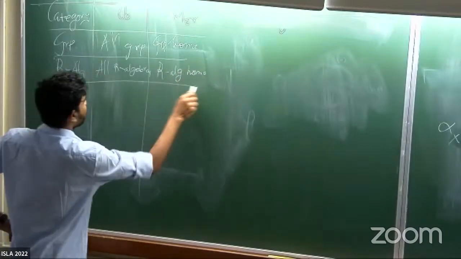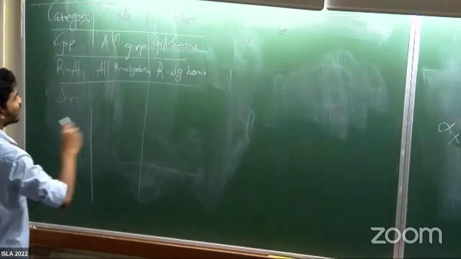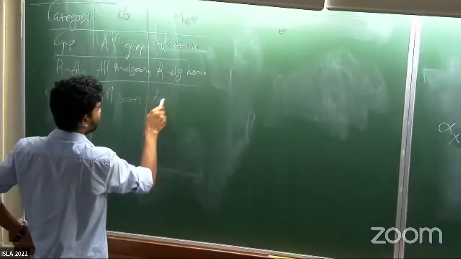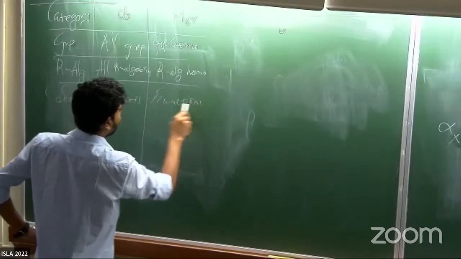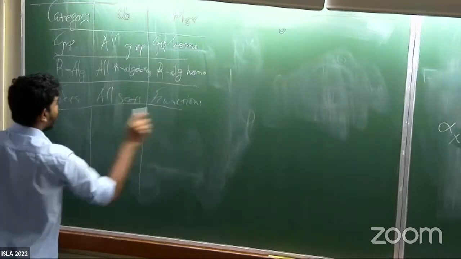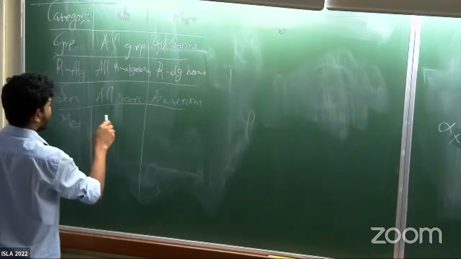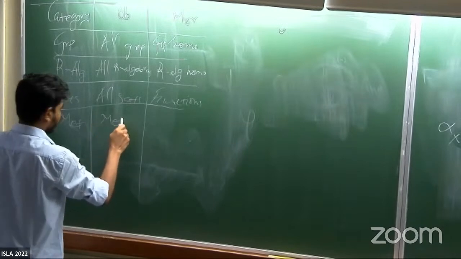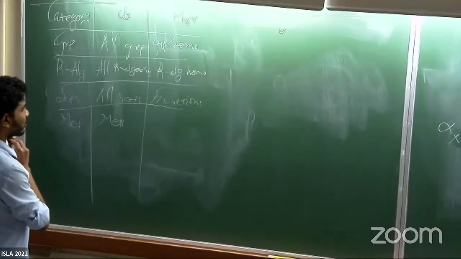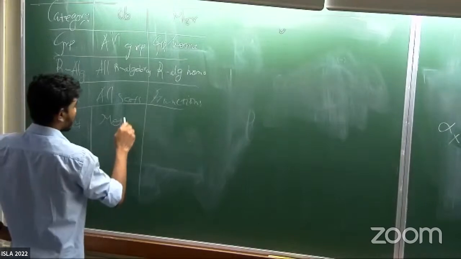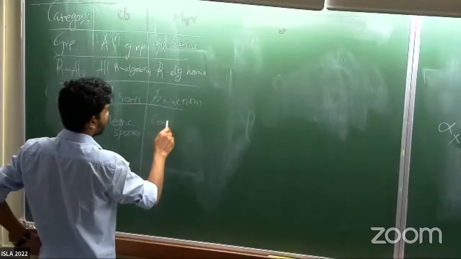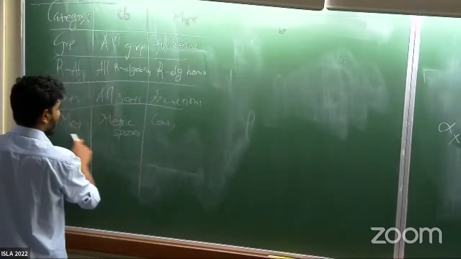Right. Okay, I'll tell you one which no one pointed out. Sets is my favorite category. All sets. Don't forget that. And functions. Okay, some people last time told me about metric spaces. And then you have either continuous maps, or homeomorphisms, or metric preserving maps.